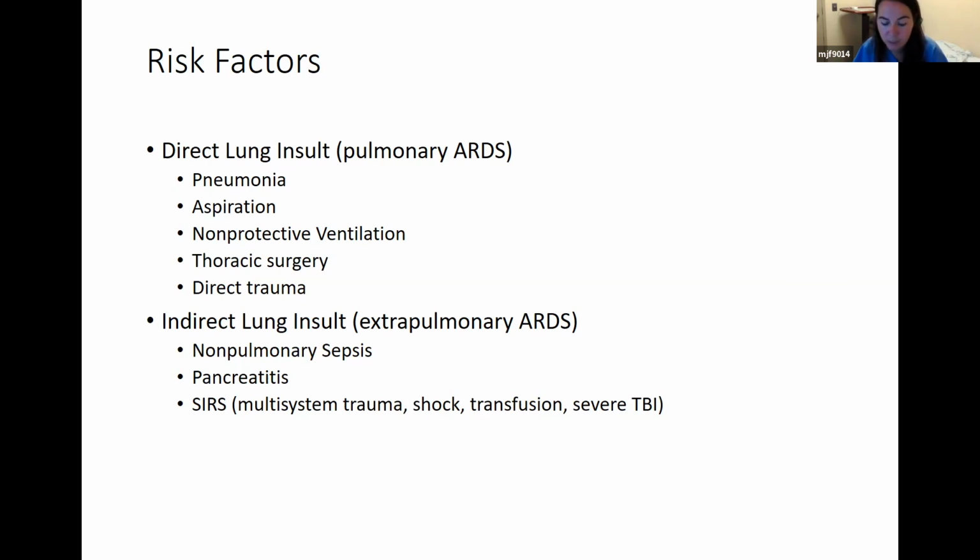The direct ones include pneumonia, aspiration, non-protective ventilation, thoracic surgery, and then trauma. And the indirect ones include sepsis, and then other abdominal processes like pancreatitis, and then of course multi-system organ failure and SIRS can lead to that cytokine release, etc.